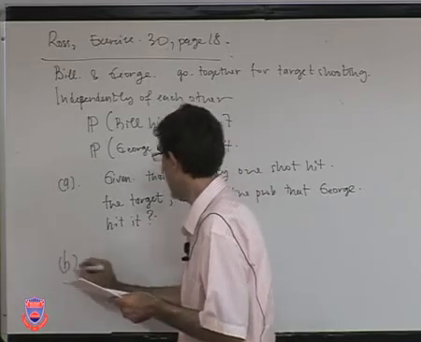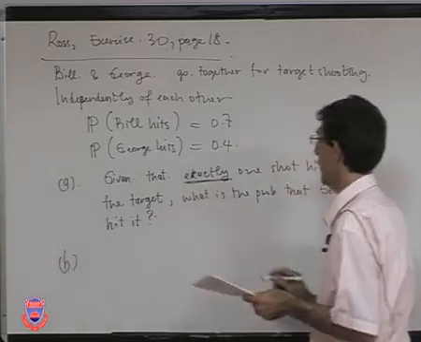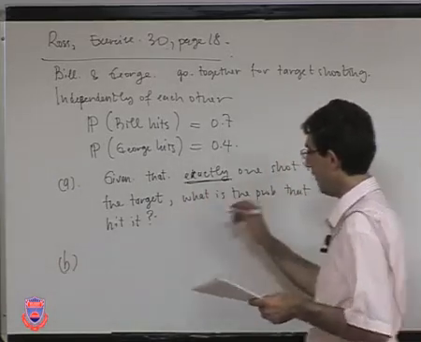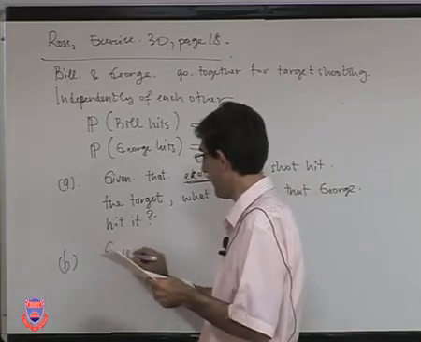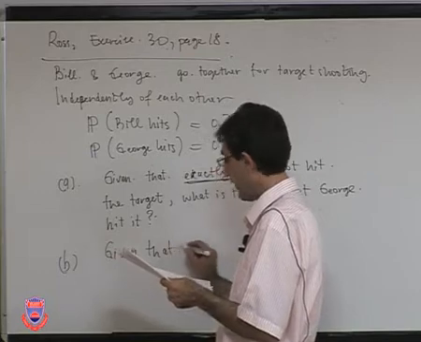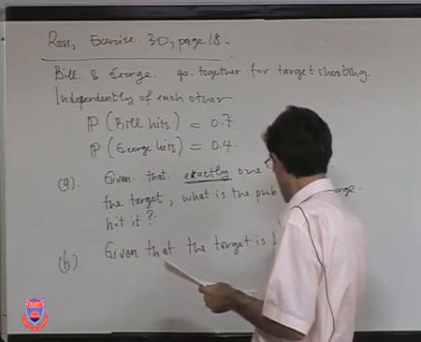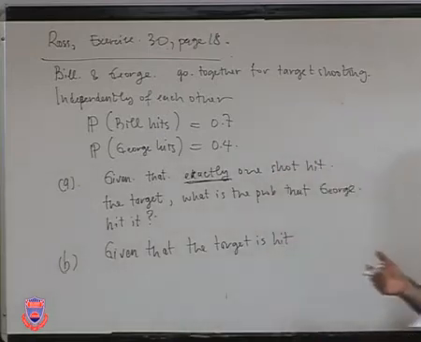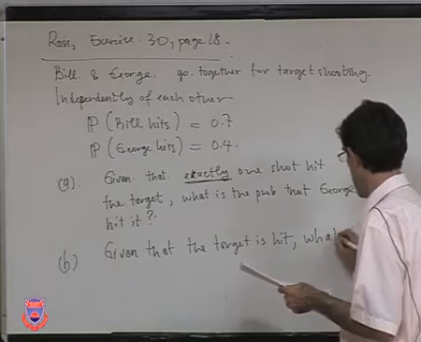And in part B, the emphasis in part A is on exactly one. In the second part, the question says, given that the target is hit, we are not told how many times it was hit. In this case we have less information.